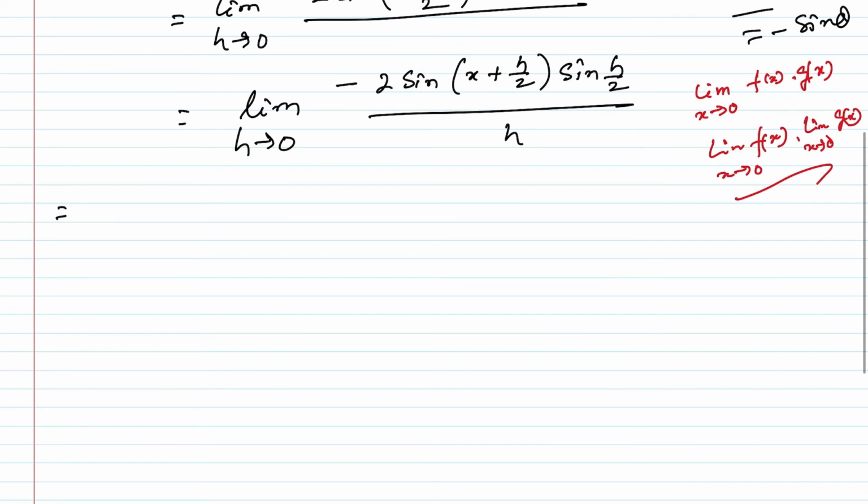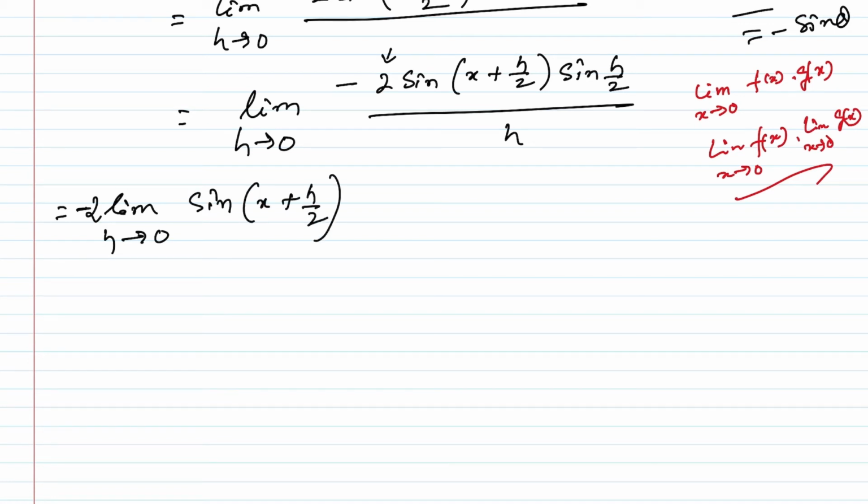Here we will get limit h tends to 0, as minus 2 is constant, it can be written outside, of sine of (x plus h by 2) into limit h tends to 0 of sine of h by 2 by h. We can write like this.